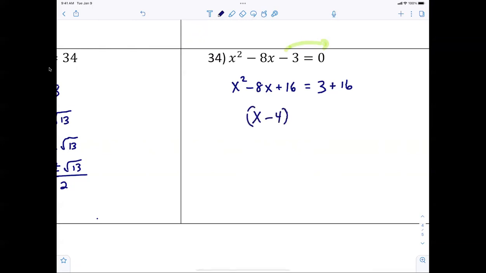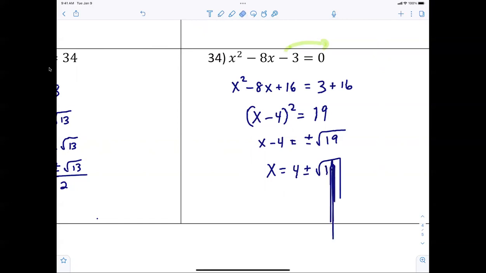X minus 4 squared equals 19. Now what? X minus 4 equals plus or minus square root 19. And then add 4. So X equals 4 plus or minus square root 19. One more.